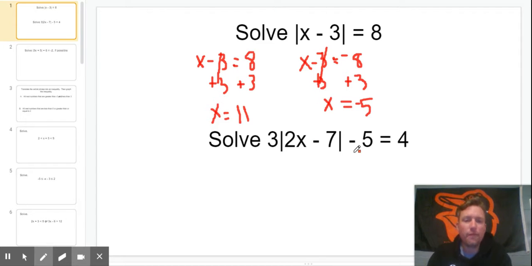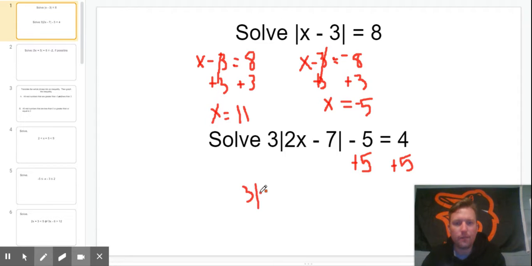But when we do absolute value, we're going to first solve this by adding 5 to both sides of our equation. And what we're now left with is 3 times the absolute value of 2x minus 7, we've gotten rid of this 5, equals 9.